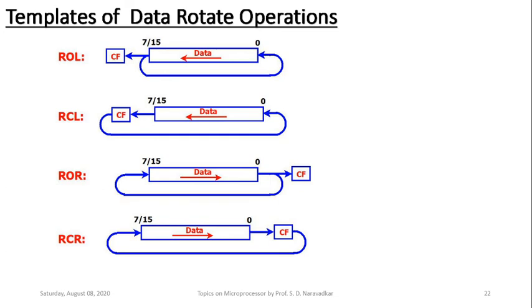The bit which is coming out of the LSB will be placed into the carry flag and the contents of carry will be placed into the MSB. So this is rotate right through carry here. Here the carry flag is placed in the closed circular path of rotation. That's why it is through carry.